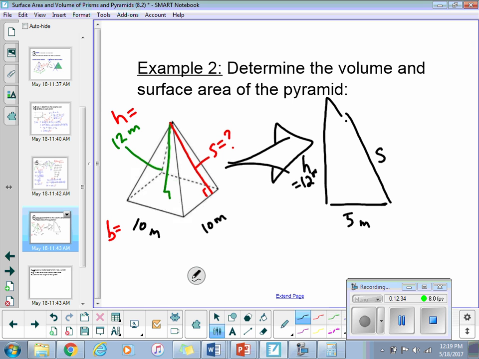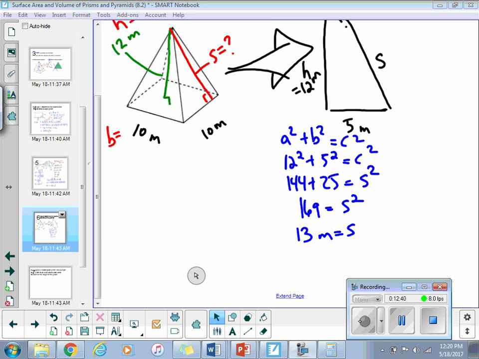Again, you're going to use the Pythagorean theorem to solve for S. If you did that correctly, you should find that S is 13 meters. Once you have that, you have all the variables you need to solve for volume and surface area. So again, pause, solve, calculate, and come back and check to see if you did it right.